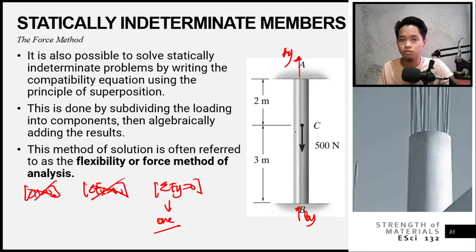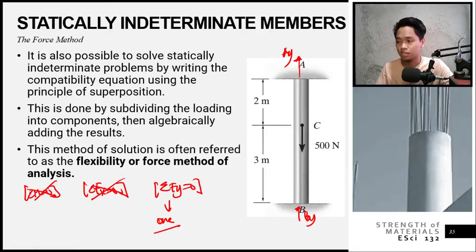For example, if I remove AY, I will take away that support. Therefore it becomes a cantilever with a fixed support here and a free end at the top, because the support at the top is removed. Now, using the force method, we need to make the member statically determinate by temporarily removing the redundant support. Since there are two supports, we cannot solve it. Therefore, one must be removed temporarily, meaning we will return it later.